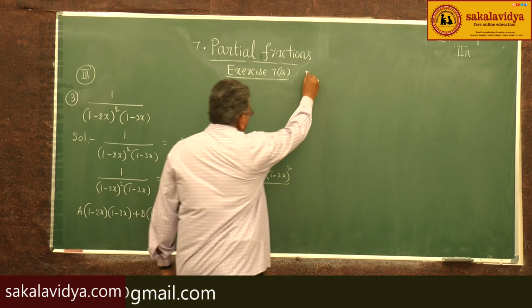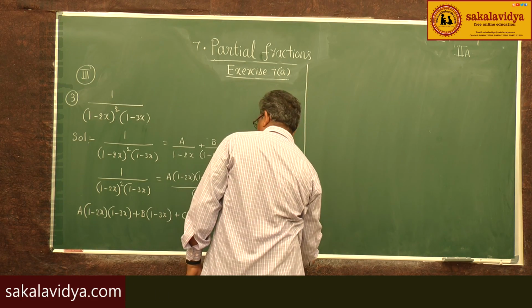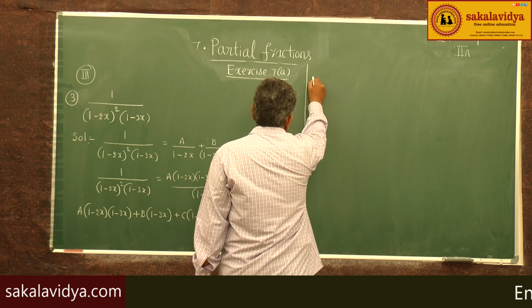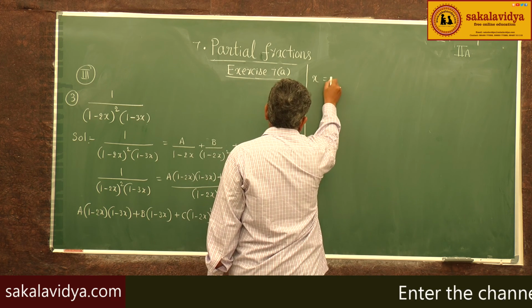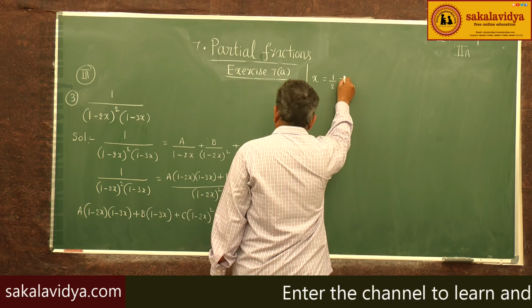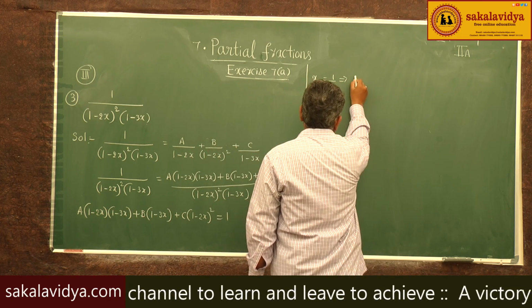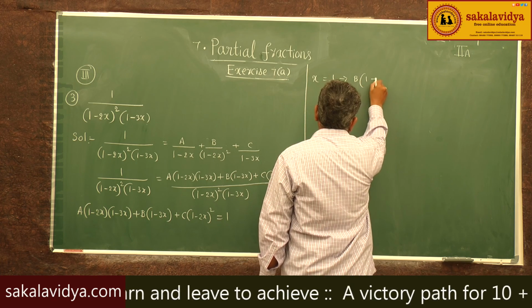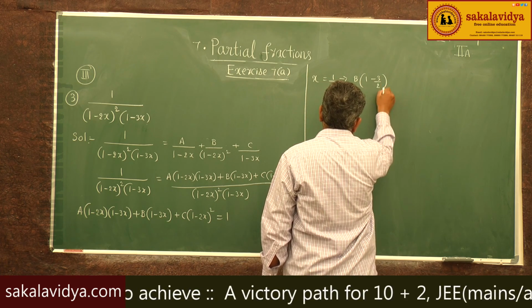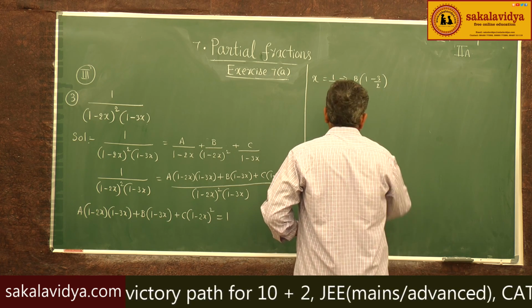First, let us substitute x is equal to 1 by 2. So, this becomes 0, this becomes 0. B of (1 minus 3 by 2) equals 1.